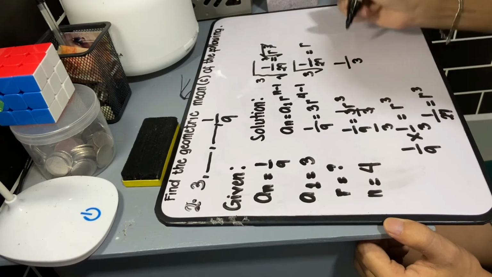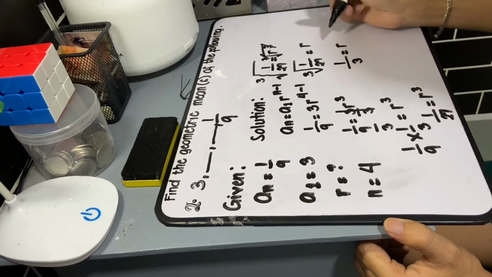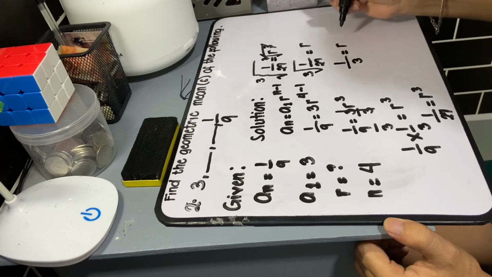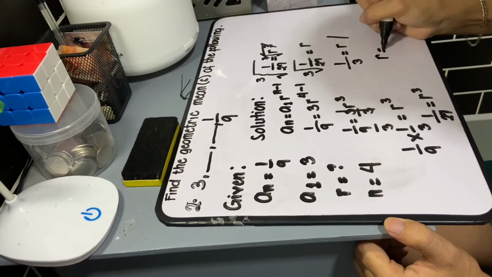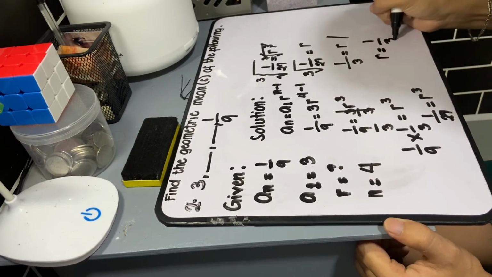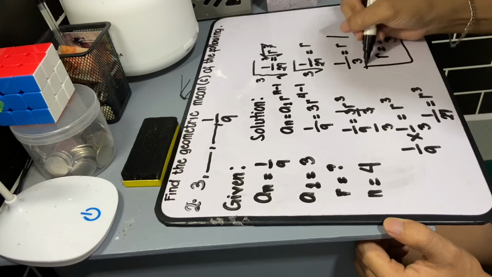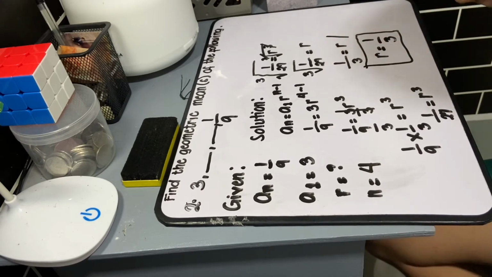So r is equal to 1 over 3. So the value for the common ratio is 1 over 3.